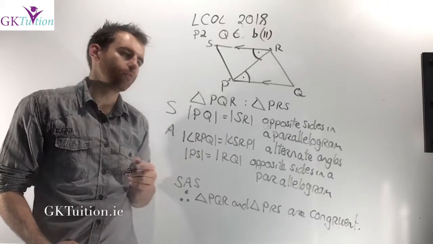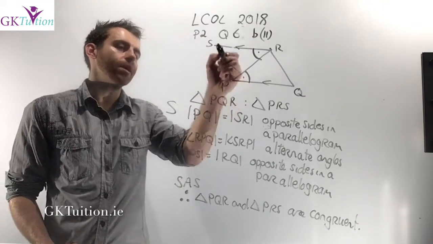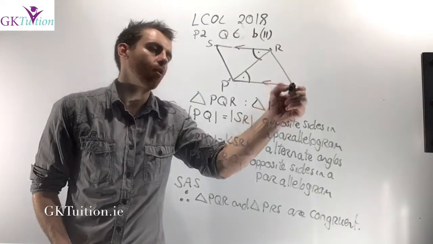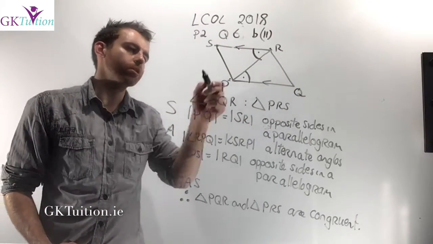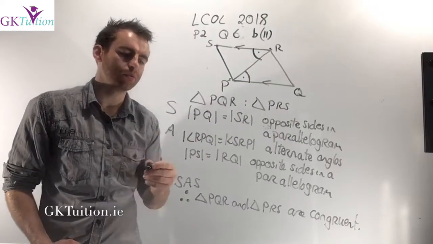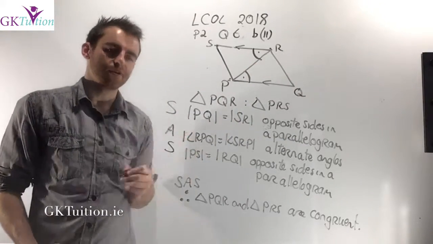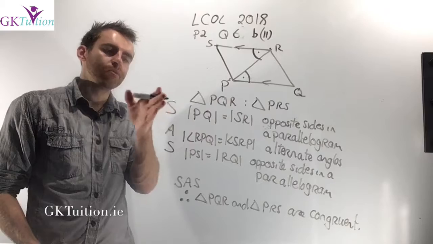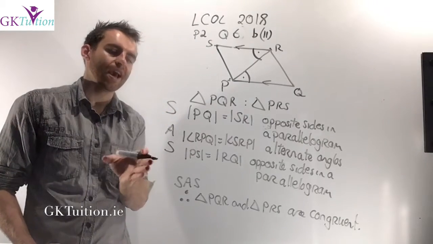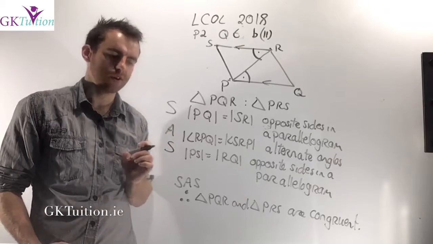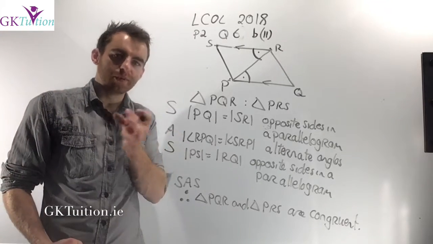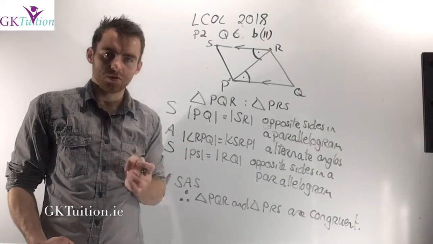The third thing I've proved here is that the side PS is equal to the side RQ. And again, it's the same explanation as the first one, because opposite sides in a parallelogram are equal to each other. So happy days, that's my third thing. So usually we call this proof SAS, which means first we proved a side, then we proved an angle, then we proved another side. In general, if you can prove they have three things in common, that means they're congruent.